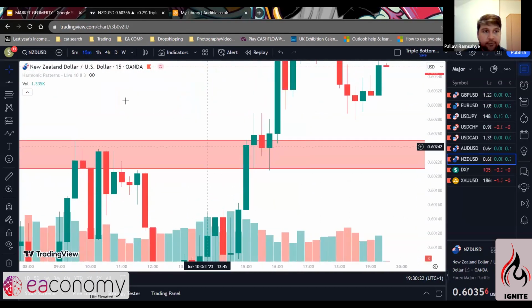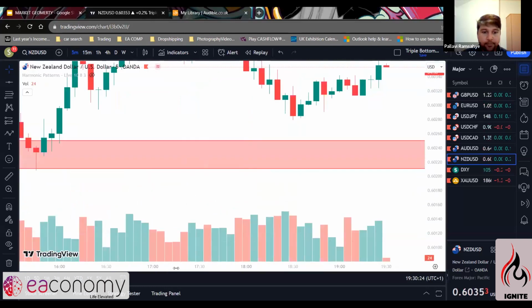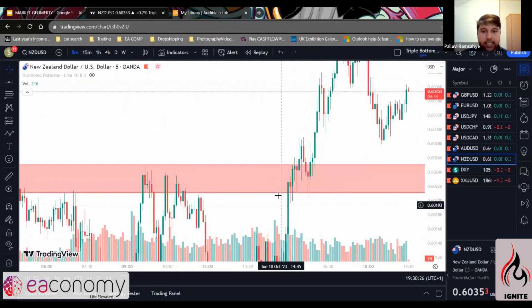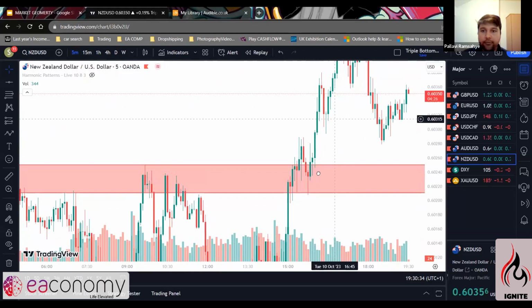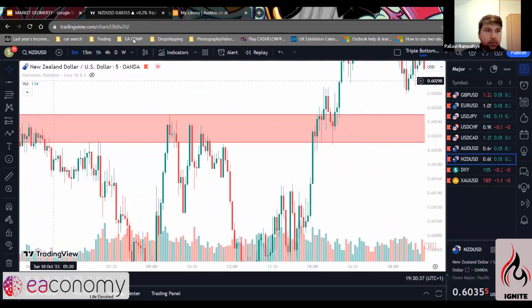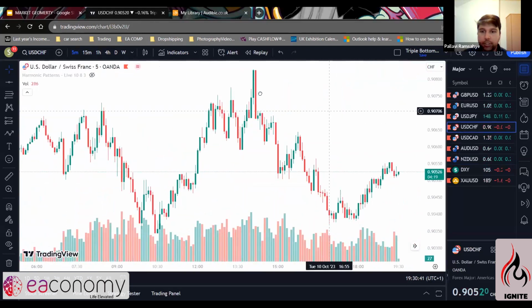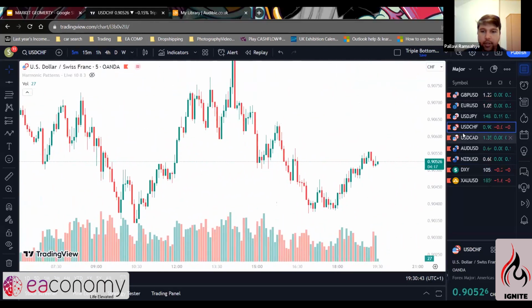However, if you drop down to a lower time frame, you could see here, 2 candles did close above, and then we had the retest, and then price took off. Okay, so let's jump back to USD Chef.